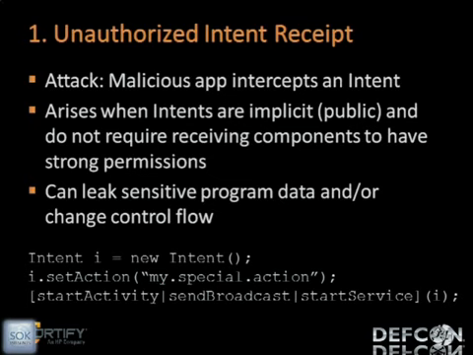And it can also change the control flow of the application. So if the intent was to request a specific display, the user interface and activity, and if an attacker provides that display, now the attacker has control of the screen, and if the user gets prompted to put in their password, then the attacker will steal that information. So as a reminder, on the bottom we have a code snippet of the implicit intent. Here the set action is being called.